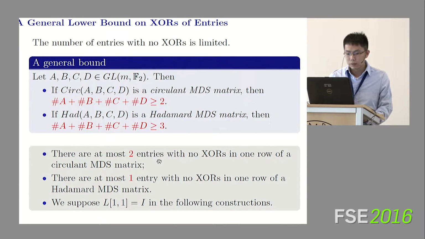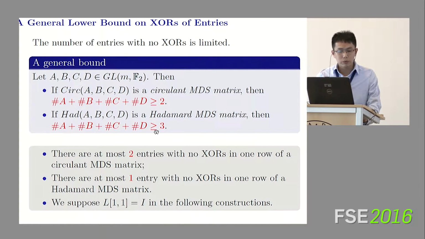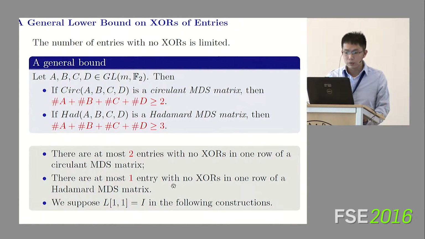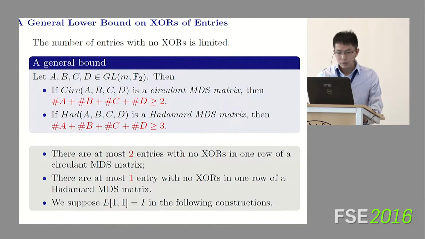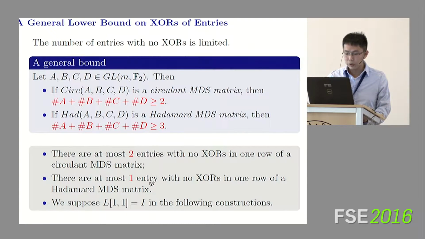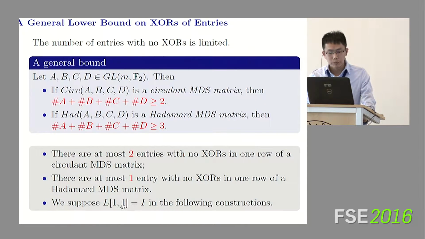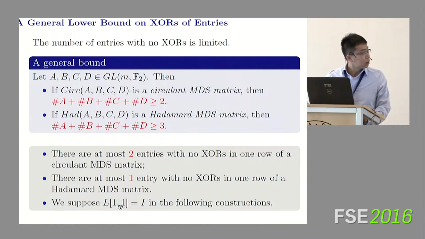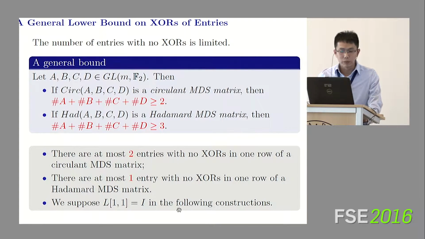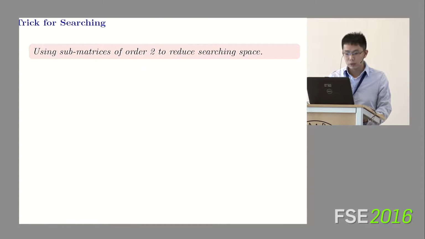This means that in one row of a circulant MDS matrix, there are at most 2 entries with no XORs. For the Hadamard matrix, this bound is 3, which means there is at most 1 entry with no XORs in one row of a Hadamard MDS matrix. Based on these observations, we suppose the entries in the first row and the first column are the identity matrix. This supposition will simplify our searching.